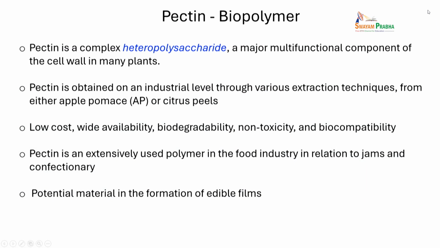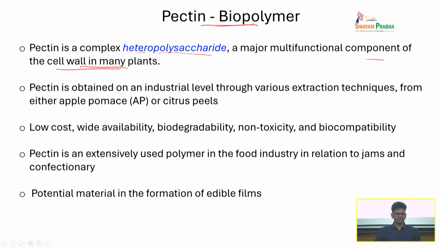Okay, just to kind of give you a heads up with what pectin is. So as I said, pectin is a biopolymer. That means it can be derived from biological origins, okay, from a renewable source. And it is a kind of a polysaccharide, but we call it a heteropolysaccharide because it consists of 2 or more components, okay. And it's a major multifunctional component of the cell wall in many plants.